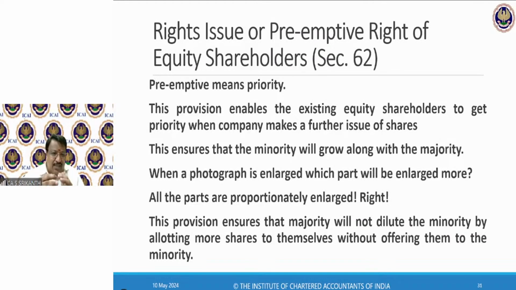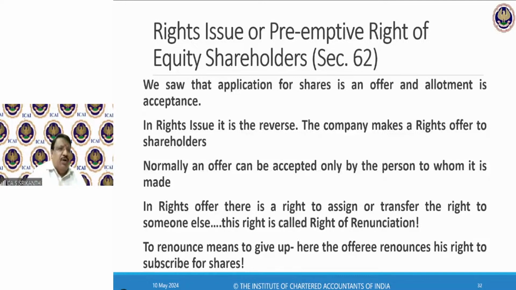No. When the enlarging happens, it will enlarge proportionately. Same way, when the capital is growing, it should grow proportionately. So when I'm issuing fresh 1 lakh, I should offer the minority 10,000 shares. I will take 90,000. So that on 2 lakhs, they will hold 20,000, I will hold 180,000. Still the percentage will be 10%, 90%. So the percentage should not be diluted.